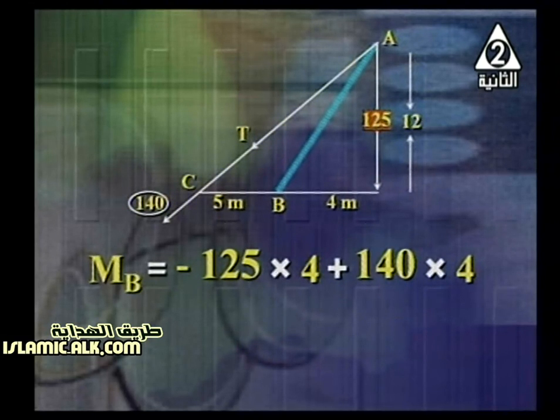Why negative? Yes, because the 125 Newton force acts about point B in a clockwise direction, so its sign must be negative: 125 multiplied by 4, plus 140 times 4. Why plus? Because the 140 acts anticlockwise. The answer is 15 Newton meter.